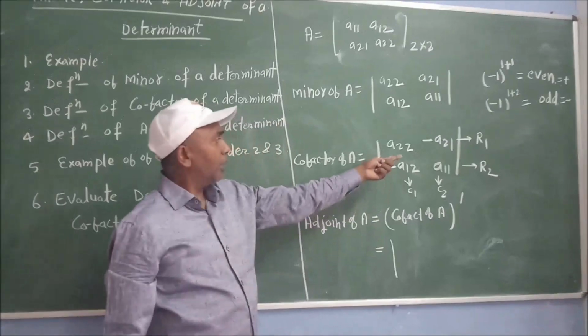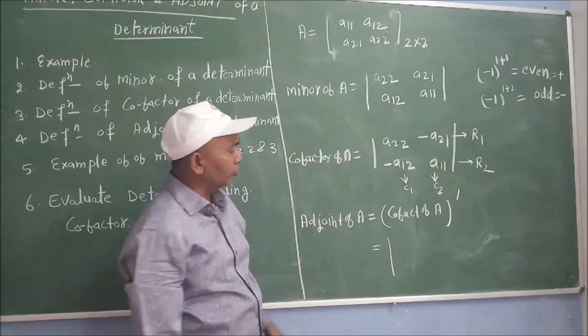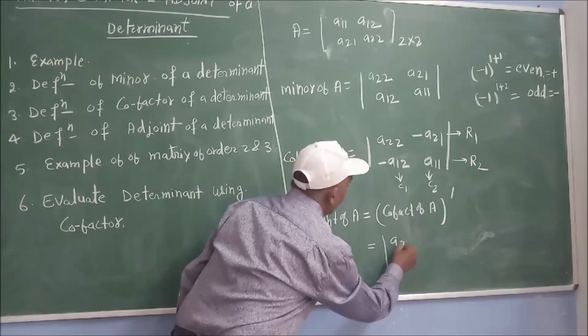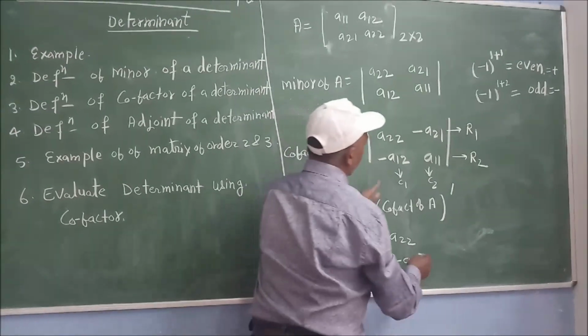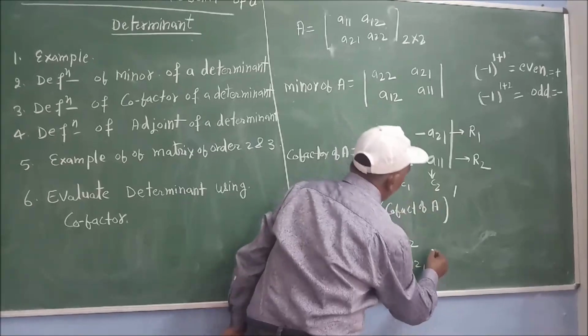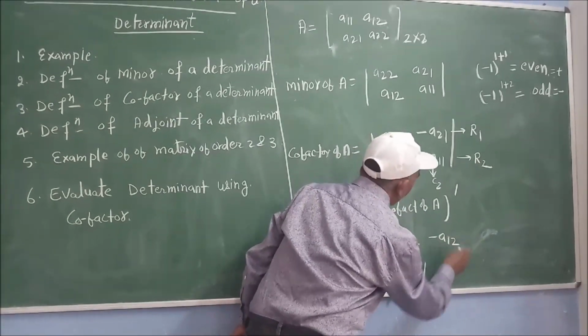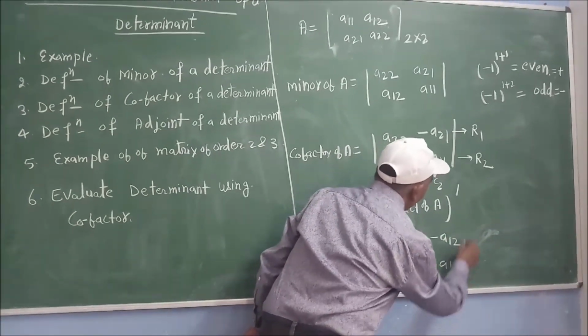So we interchange R1 by C1 and R2 by C2. So this can be written as A22, minus A21, and again in place of C2, minus A12 and A11.